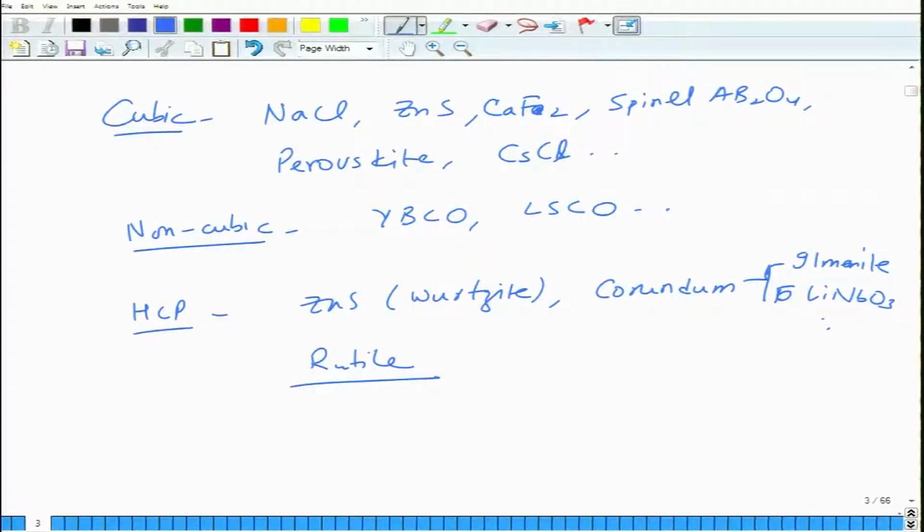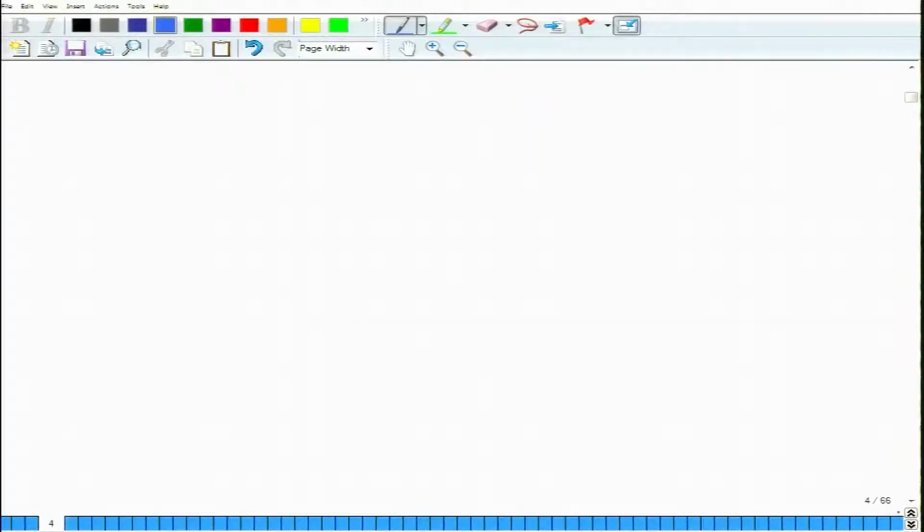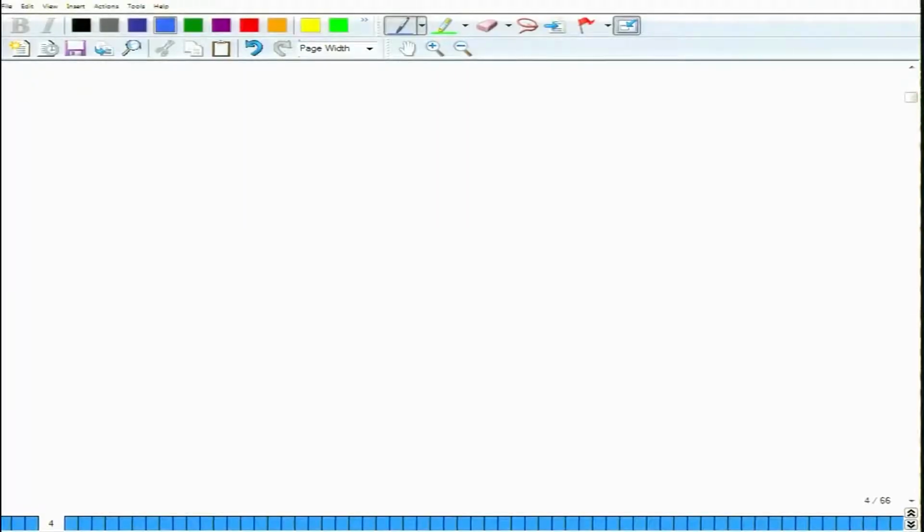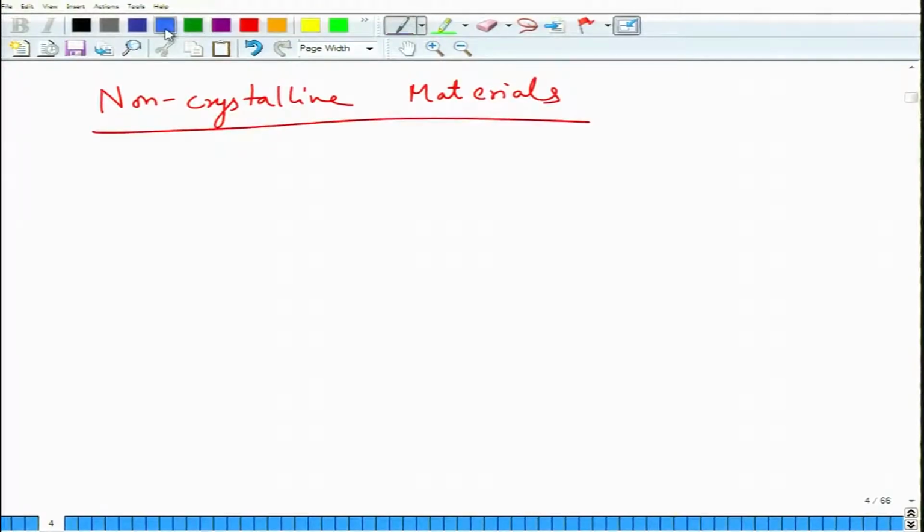Now, however, there are some oxides which have a large fraction of covalent bonding, and they tend to form a non-crystalline structure. So in this lecture we will start with non-crystalline materials, which do not have a periodic structure over long range.